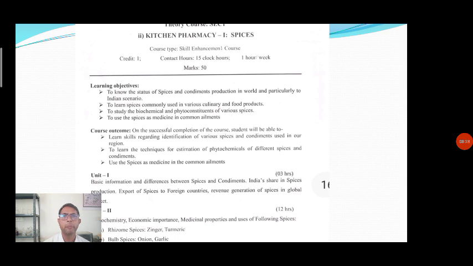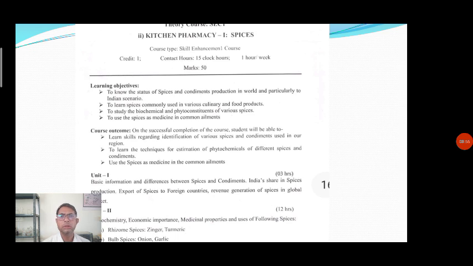To learn spices commonly used in various culinary and food products. Then to study the biochemical and phytoconstituents of various spices. And the most important thing is to use spices as medicine for common ailments. So this is the objective of the kitchen pharmacy 1 paper.